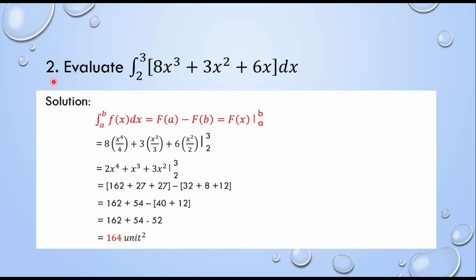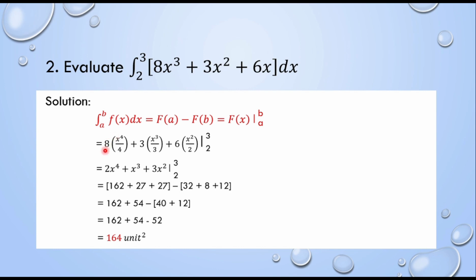Then evaluate the definite integral with lower limit 2 and upper limit 3 of 8x cubed plus 3x squared plus 6x dx. So we have the solution. First, let's write the formula. Then add 1 to the exponents.